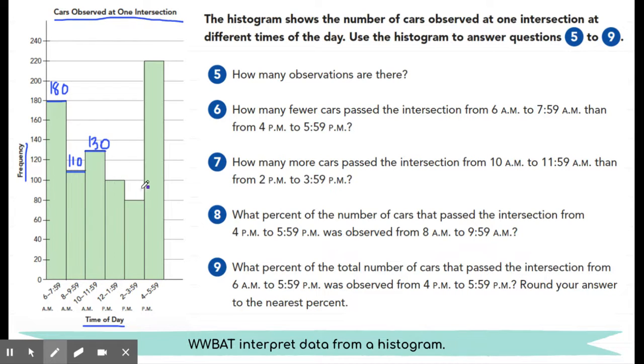And you're going to do the rest yourself. To find out how many observations, you're going to add all the number of the observations and find the total. So you can pause the video right here and complete question number 5.